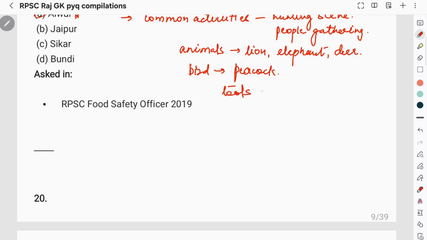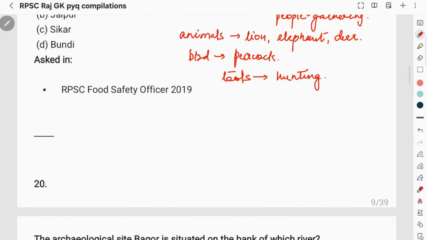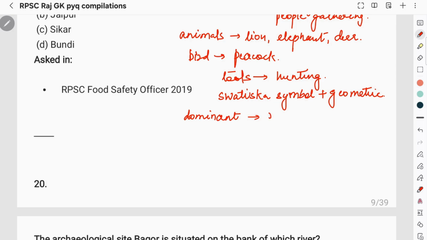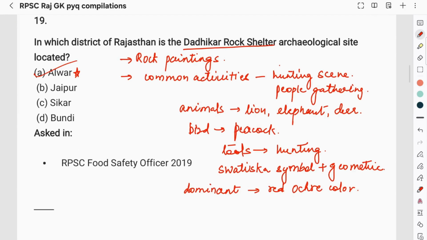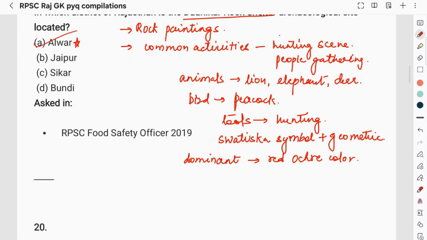Different tools are represented in the hunting scenes which they have drawn, and we have found different swastika symbols also, along with different geometric signs. The dominant color of the paintings is red ochre. I hope along with me you are jotting down the points and grabbing different little concepts along with these questions and answers, and preparing your short notes.